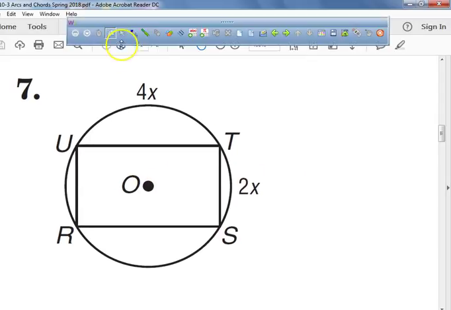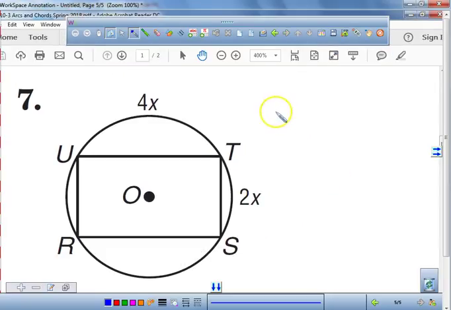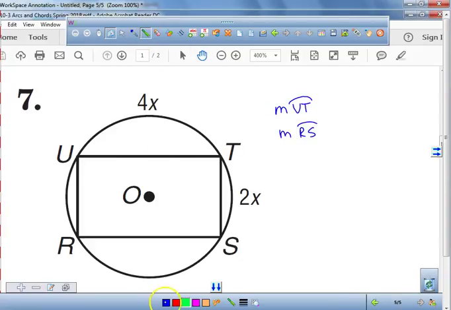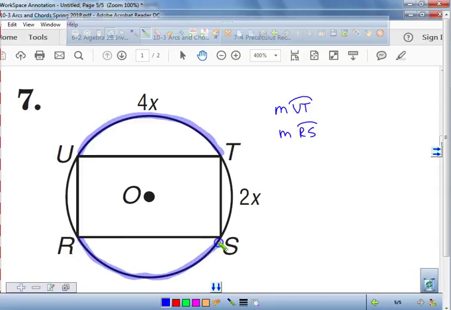So right now, we need to find the measure of arc UT and the measure of arc RS. UT is from here to there, and RS is from here to here. What do we know about arc UT and arc RS?